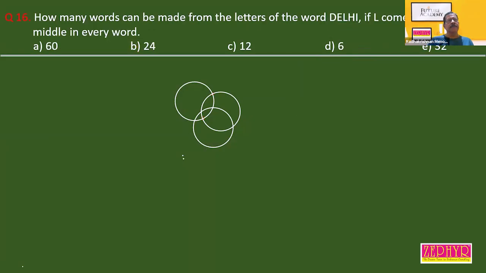Okay. How many words can be made from the letters of the word DELHI if L comes in the middle? Very simple.